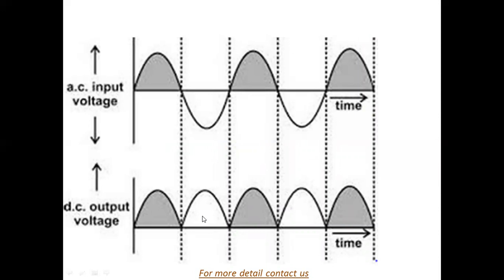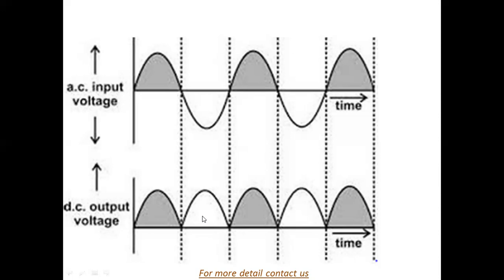Why are we choosing this one, and why are we not choosing the center tap transformer? Before going towards the center tap transformer, we should always prefer the bridge rectifier. Why? Because by using so many diodes, there is a disadvantage that more switching operations take place compared with the center tap transformer.